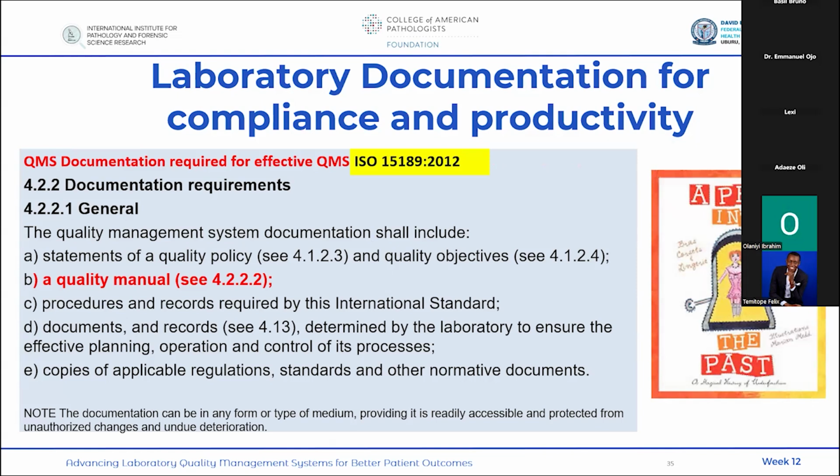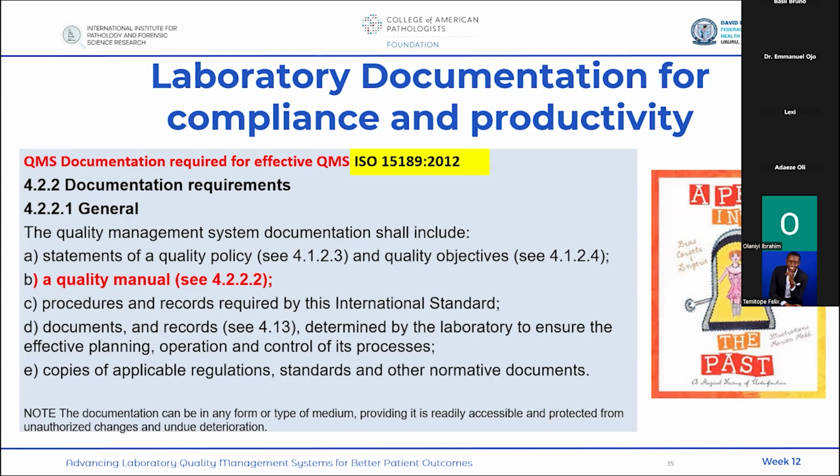So I've explained this before, but it's just a peep into the past. And this is taken from the 2012 version. And I'm bringing it up because I love the way it was actually structured in the 2012 version of the standard. So it says the documentation. For 2012, it gave the lab a list of what is expected at minimum.